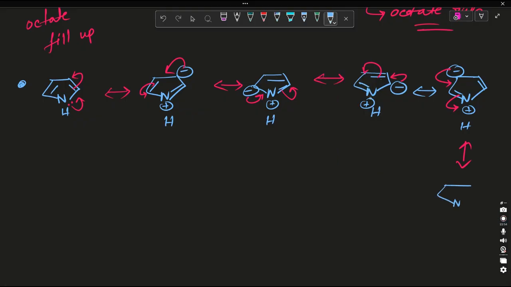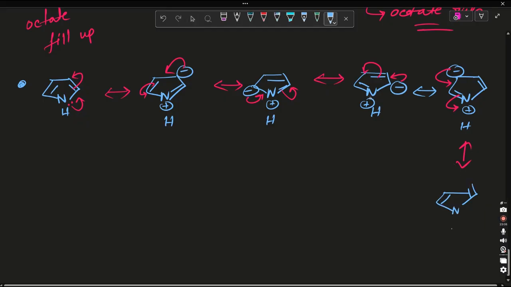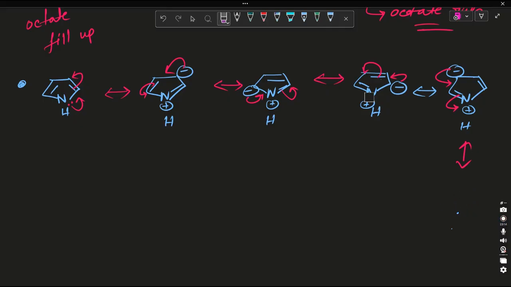Here is the neutral structure. And these neutral structures are the most stable form, as previously discussed.